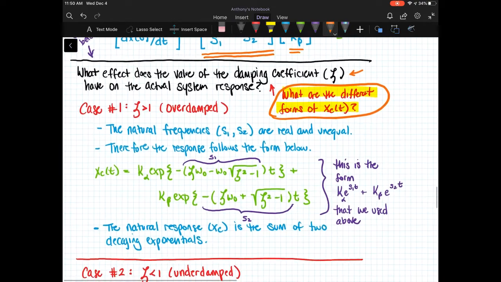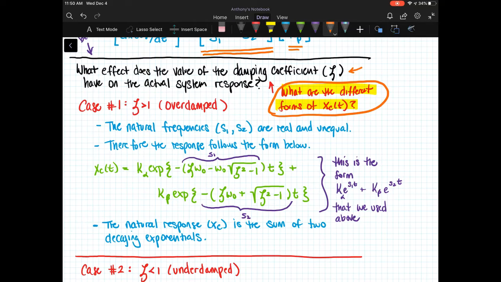Therefore, the response will have the following form below. This form is essentially just what we showed above. K alpha e to the S1t plus K beta e to the S2t, where the S1 and the S2 values are defined as minus zeta omega 0 plus or minus omega 0 times the square root of zeta squared minus 1. This is highlighted in the purple.